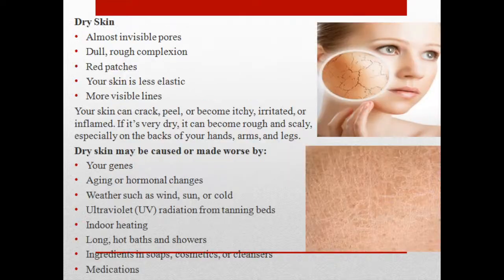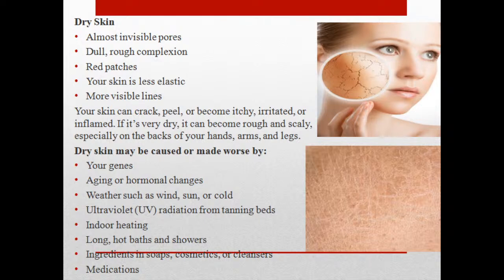Dry skin has almost invisible pores, dull rough complexion, and red patches. Your skin is less elastic, with more visible lines. Your skin can crack, peel, or become itchy, irritated, or inflamed. If it's very dry, it can become rough and scaly, especially on the back of your hands, arms, and legs.